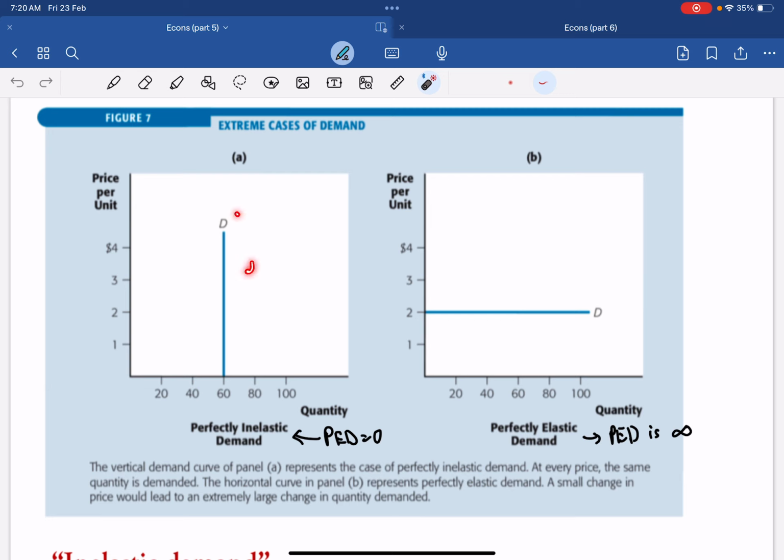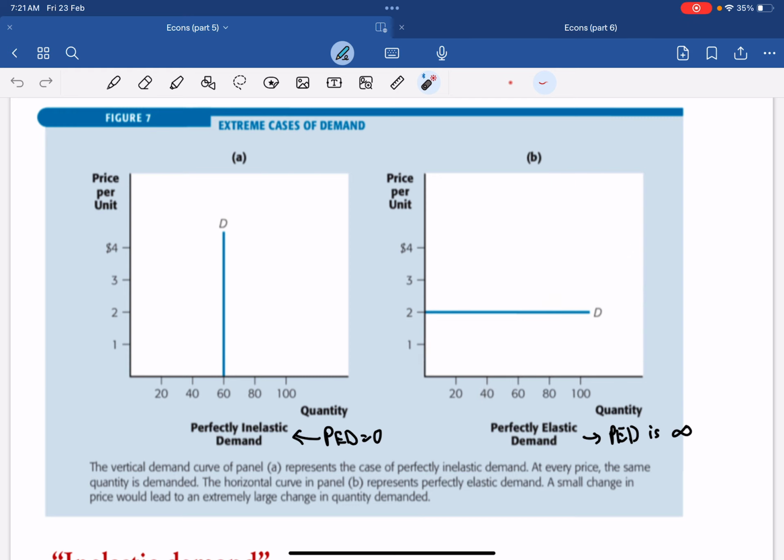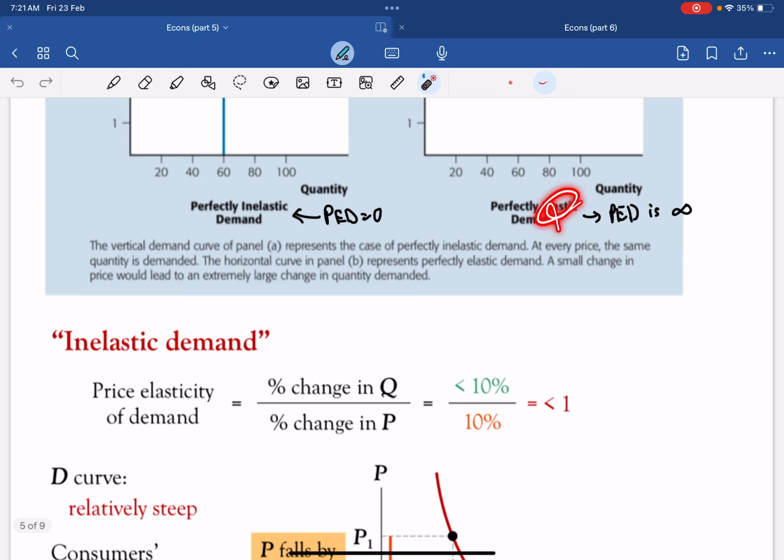For perfectly inelastic, the PED is 0, meaning it's a vertical line: whatever the price changes to, the quantity demanded will always stay the same. And for PED infinite, perfectly elastic, if there is any change in your price, the quantity demanded change will be infinite. Your price basically cannot change, so whatever price it is, you have zero change to the price. Then you're perfectly elastic.